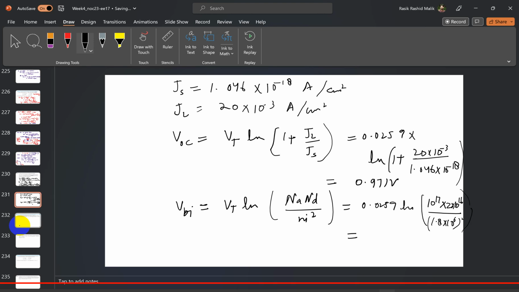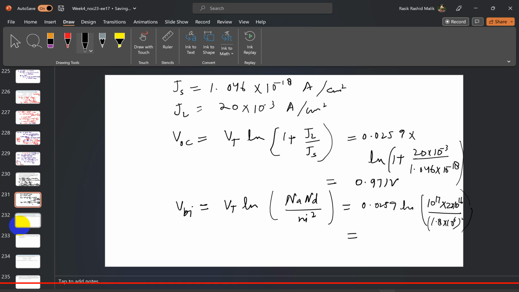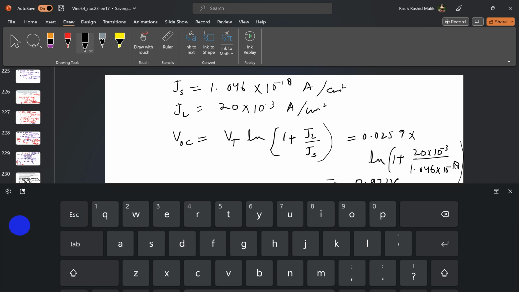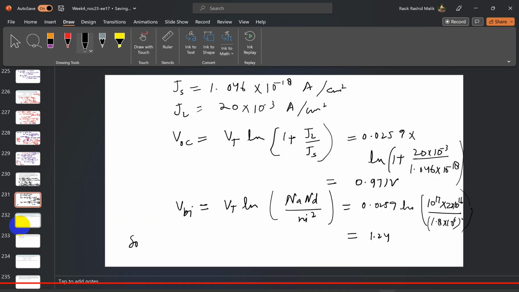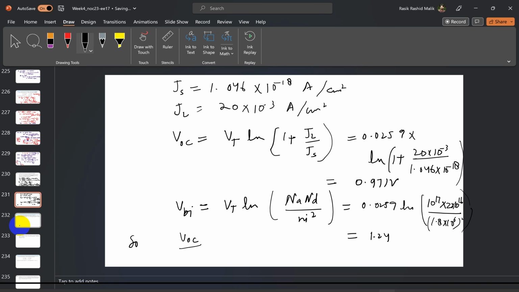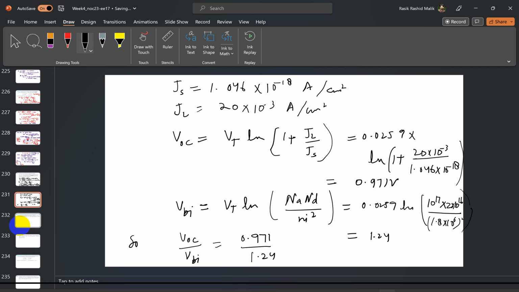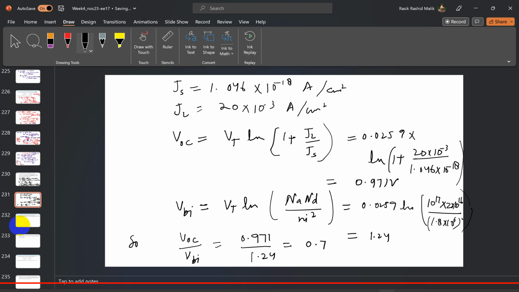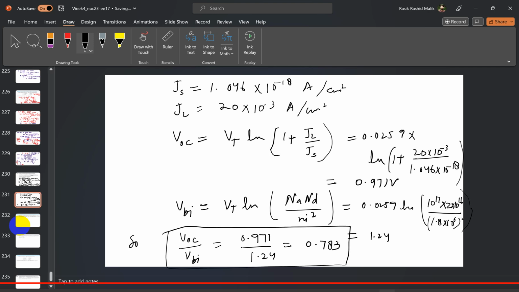So that is equal to 1.24. So you note here that VOC is again less than the barrier potential. VOC by VBI is equal to 0.971 by 1.24, that is equal to 0.783. So this solves this question.